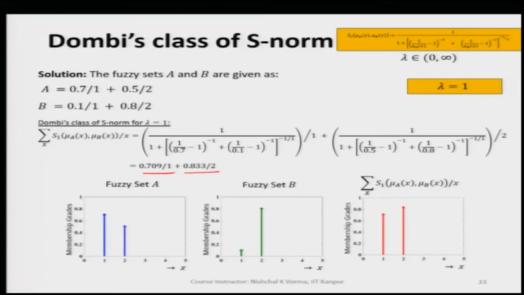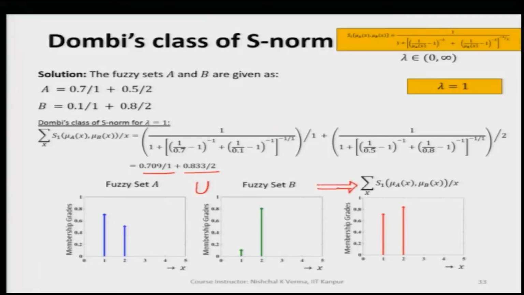So, we have two terms, and this is basically the resulting fuzzy set out of the union of fuzzy set A and fuzzy set B. We can clearly see that we had two discrete fuzzy sets A and B, both having two elements, and hence the union of these two will also have two elements. So, we take the union of fuzzy set A and fuzzy set B and this is what results here as the fuzzy set.